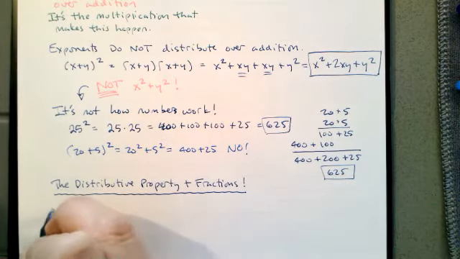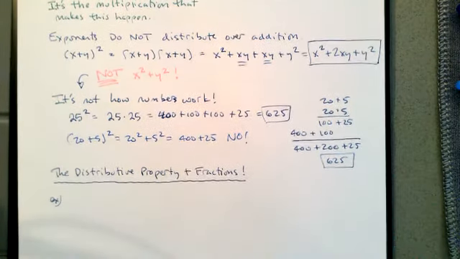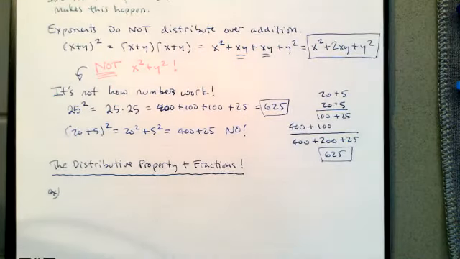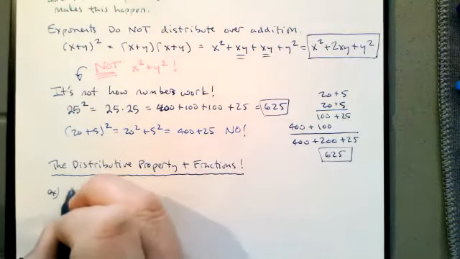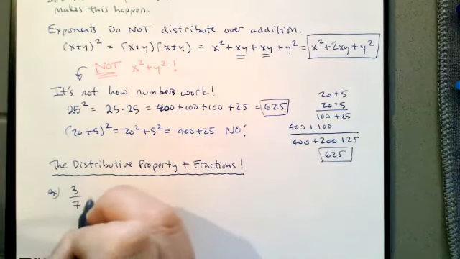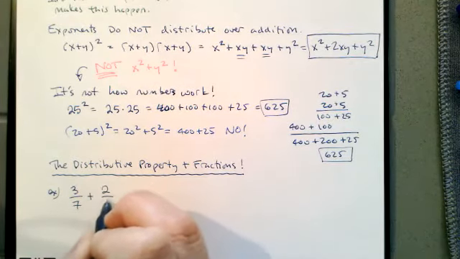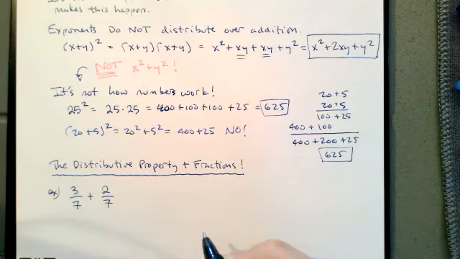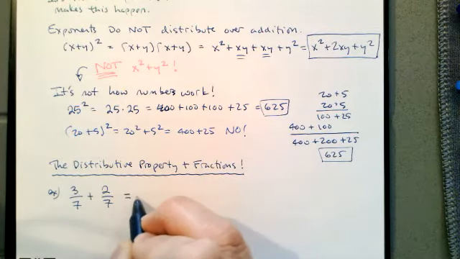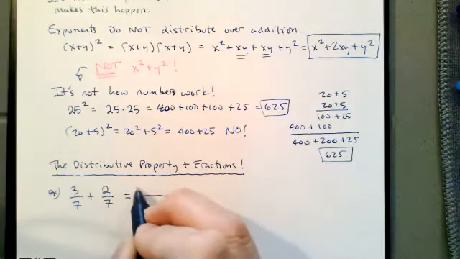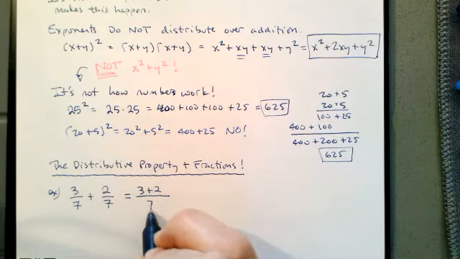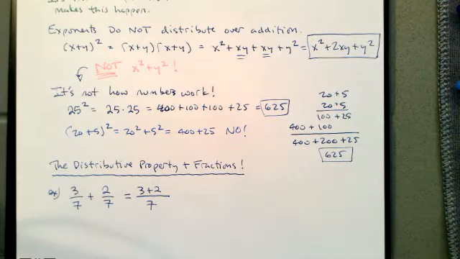So we know that if we want to add a couple of fractions, we need to have a common denominator. So if I have 3/7 and I want to add 2/7, we know we get 5/7 because what we do is add the 3 and the 2 over the common denominator of 7.